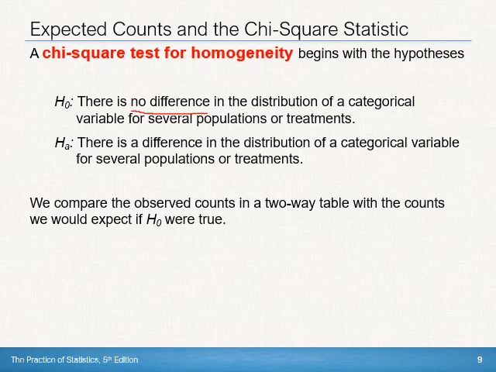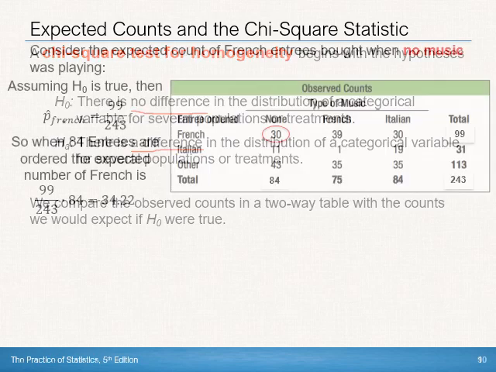So here we start with there's no difference in the distributions based on the categorical variable. The categorical variable here is the type of music played, and then the alternative is going to be that there is a difference. So that's kind of a reverse. Before we said they're the same and they're not the same. Now we say there's no difference and there is a difference.